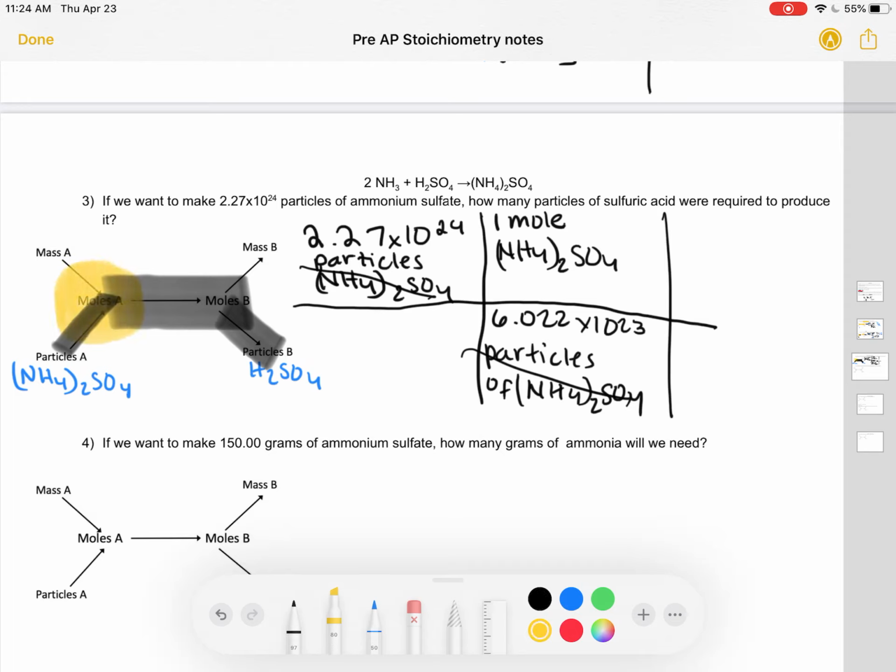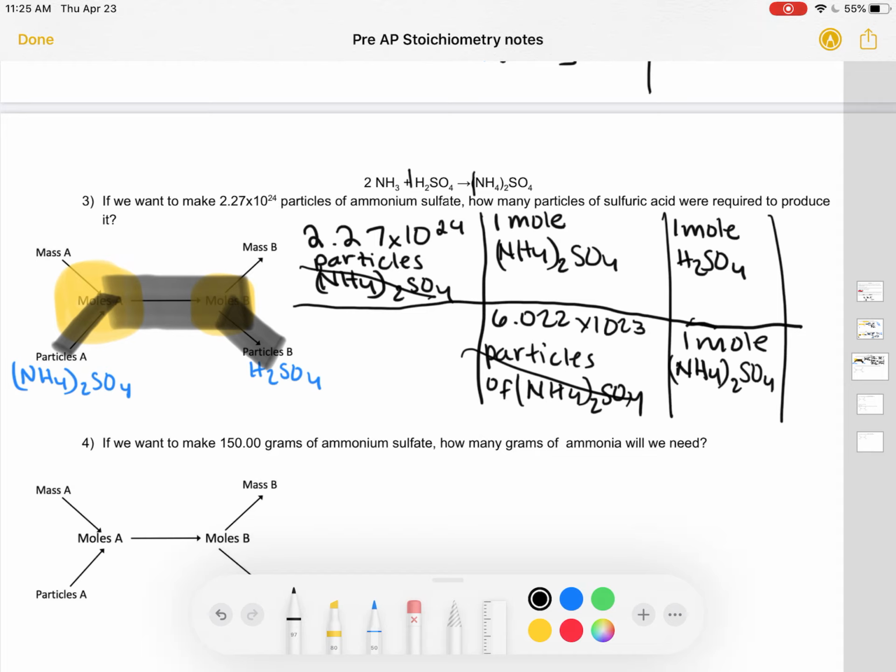Okay, now let's get rid of moles of ammonium sulfate, because now we're here, and go to moles of sulfuric acid. Ooh, look at that. That's a 1-to-1 ratio. So for every 1 mole of ammonium sulfate, we got 1 mole of H2SO4. So now we're in moles of H2SO4.